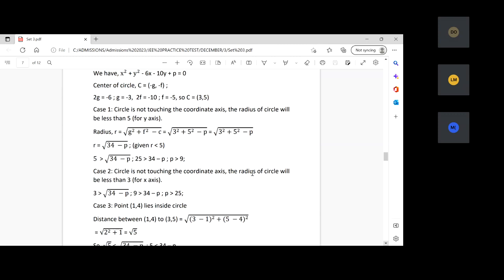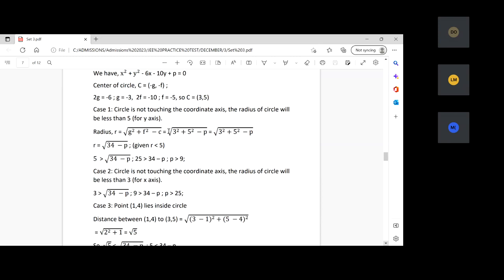So the first case is considering the value y, which is 5. The radius of the circle has to be less than 5. That's the first case. If it's not, it will be touching those coordinates, so it should not touch. You know the equation of radius, right? r is equal to root of g square plus f square minus c.